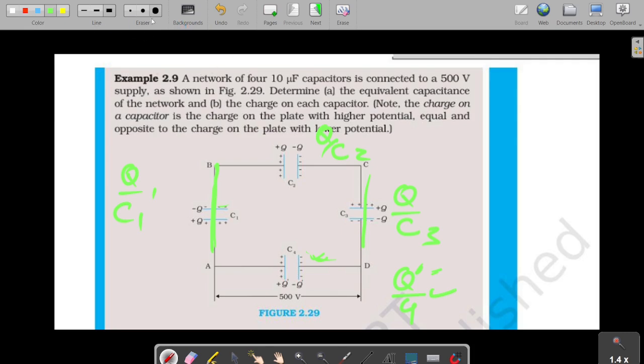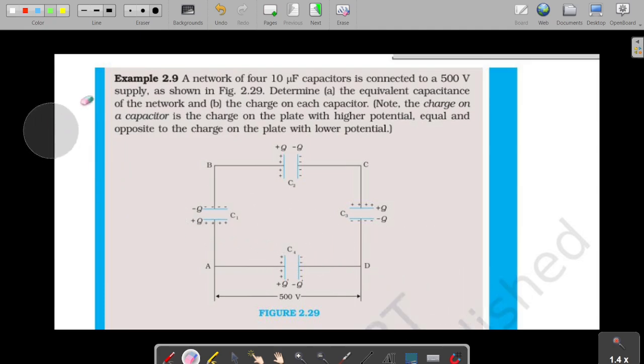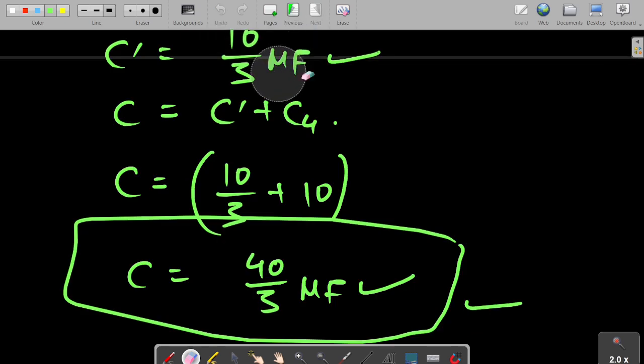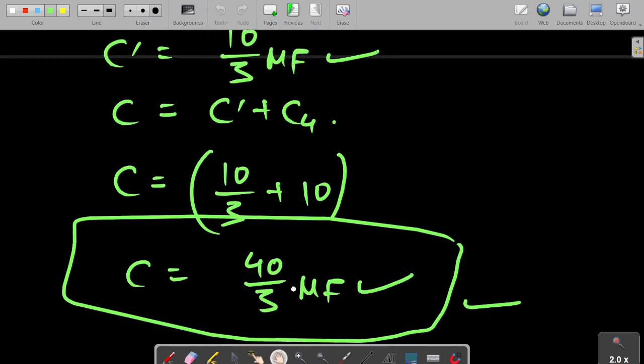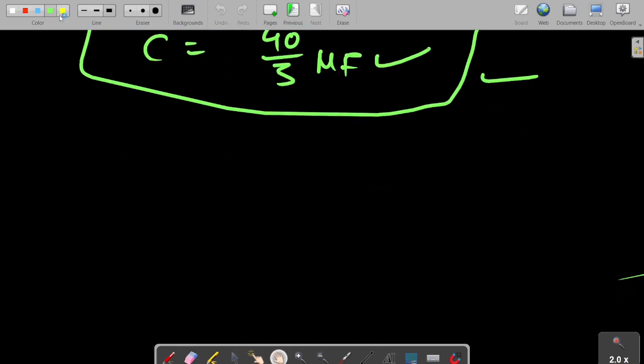Here there is also one very important concept in series combination.